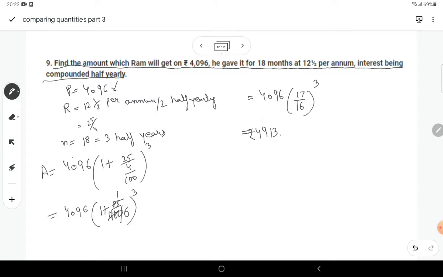So principal is equal to 4096, rate equal to 12.5% per annum, which would be 25 by 4 half yearly, and n would be equal to 3 half years, so 3, that is 18 months. Putting the value in the formula for compound interest, we get amount equal to 4096 into 1 plus 25 by 4 upon 100 raised to power 3, which on solving gives the value as 4913.